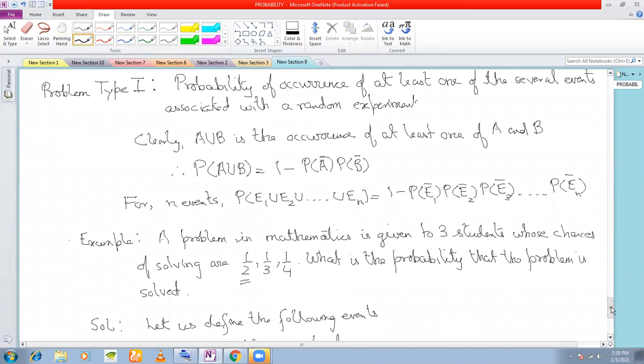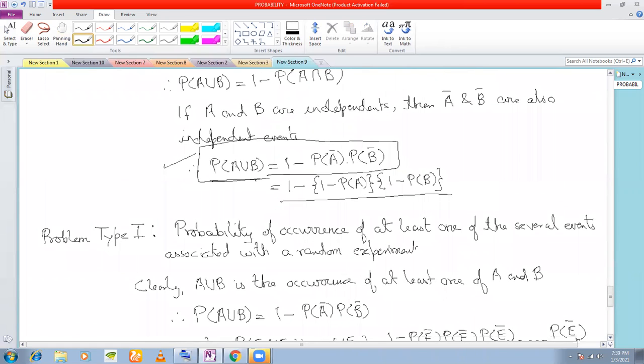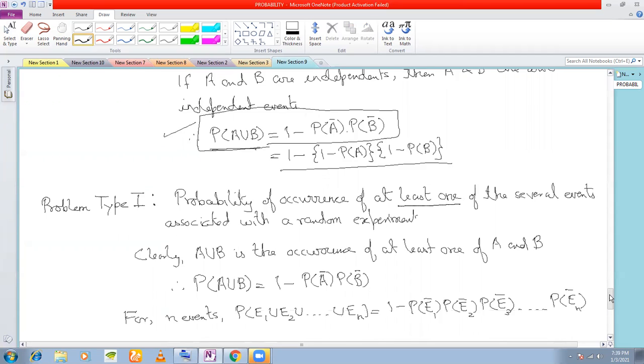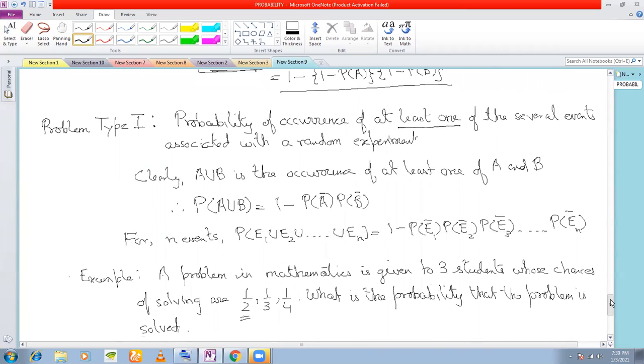See, the problem type that I was discussing was at least one. Let us underline this, at least one. So whenever you come across this phrase, at least one, union should come into your mind. Understood? Clear? This is very important. Tell me whether you understood this or not.